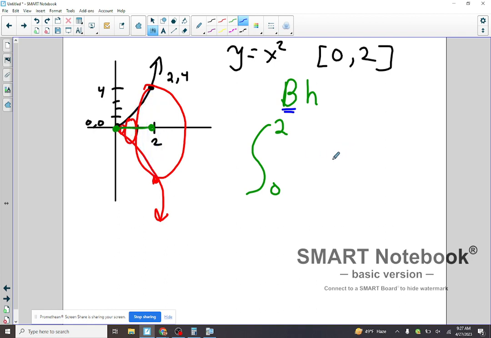That makes a circle. A circle is pi r squared, and the radius is the distance between the x-axis to this curve. So because this is between the x-axis to this curve, it's going to be pi times our radius, which in this case is x squared.